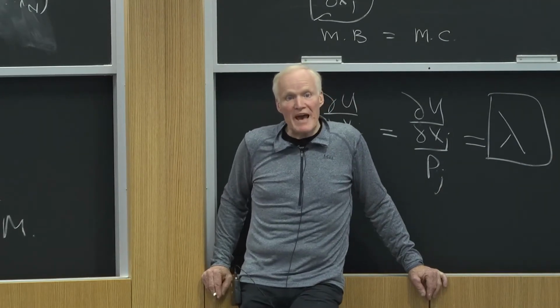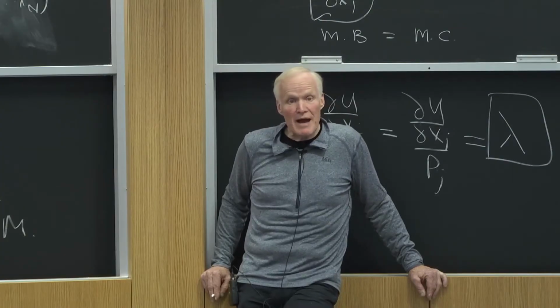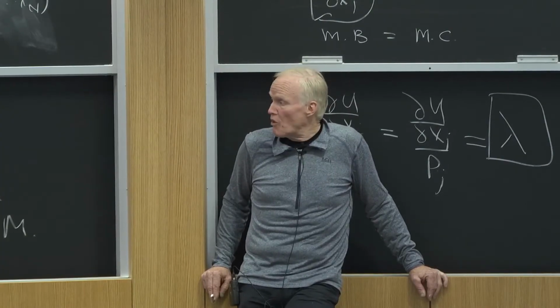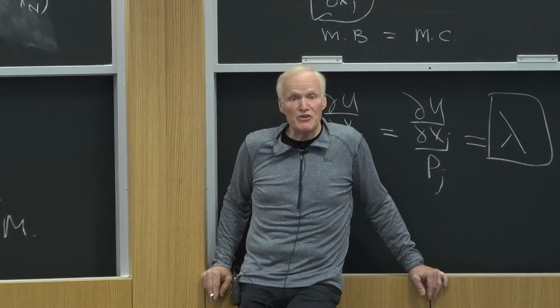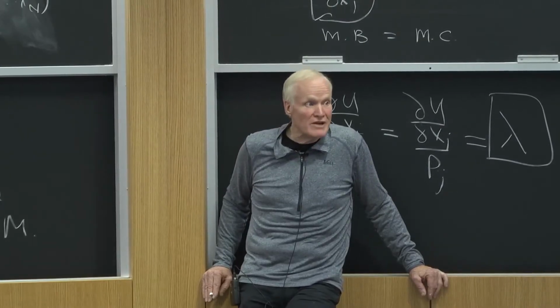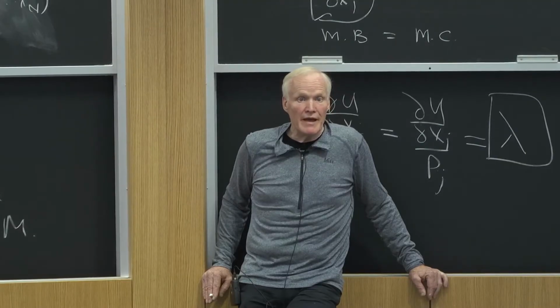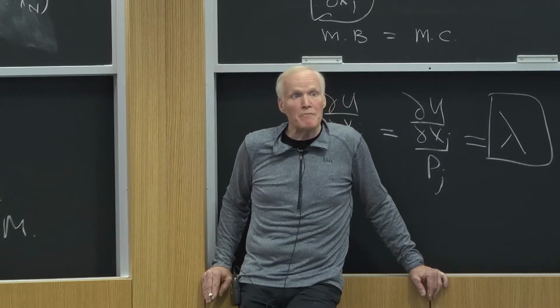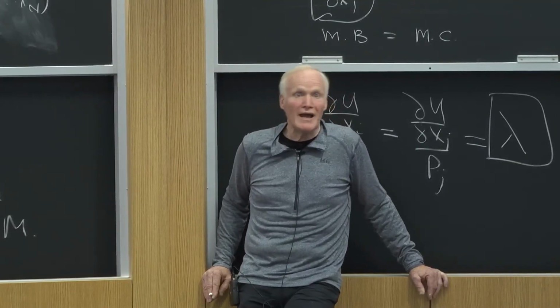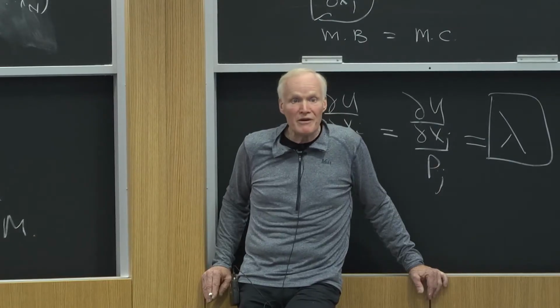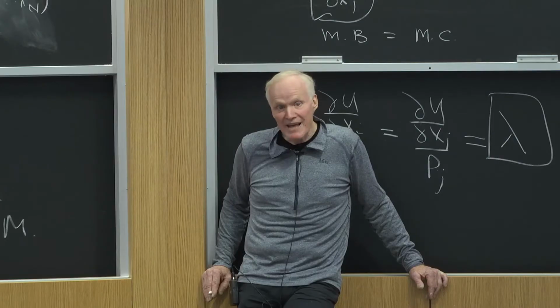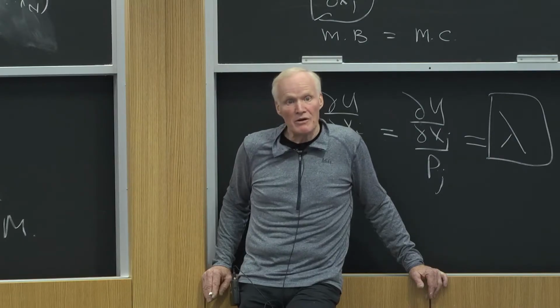We're using the fact that because they're optimizing, the marginal utilities of the various goods are proportional to their prices. And therefore, when you say, well, I got more of X, less of Y, how do I trade them off? The prices tell me exactly how to trade them off.